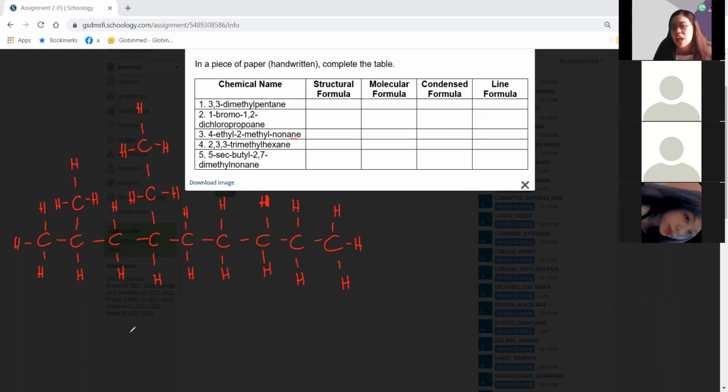And if we look at the structural formula, we only have carbon and hydrogen. Wala na tayong ibang makikita dyan na atom. So carbon and hydrogen lang talaga. And then let's count. 1, 2, 3, 4, 5, 6, 7, 8, 9. And then 10, 11, and 12. So a total of 12 carbons. How about the hydrogen?